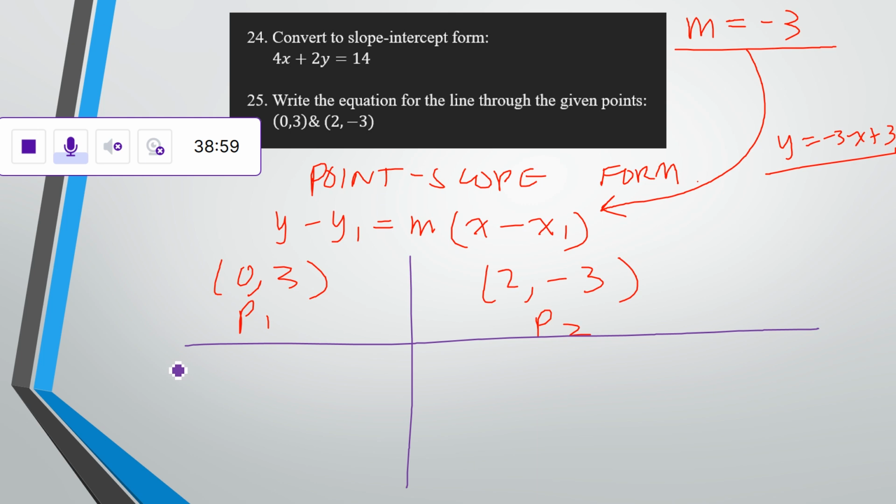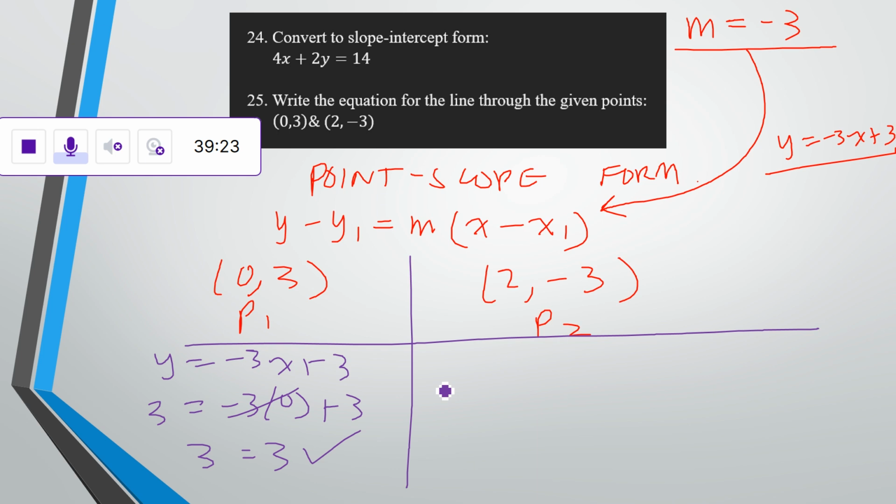We'll replace the x value where x is and the y value where y is. We now get 3 is equal to negative 3 times 0 plus 3. Negative 3 times 0 gives us 0, which cancels out, so we're just left with 3 is equal to 3, which means it works for us.